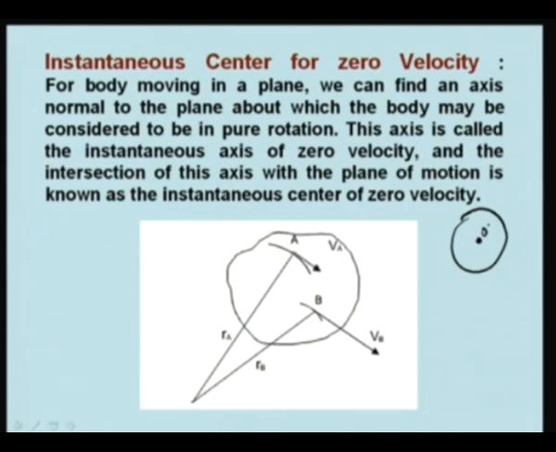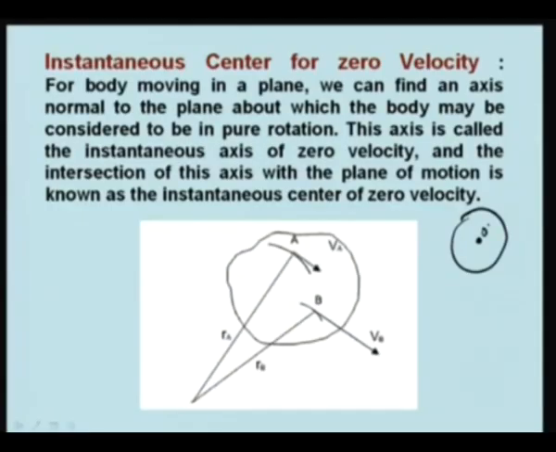In this case, the instantaneous center of rotation does not change with time. Now we will study the ways to find the instantaneous center of rotation. Finding the instantaneous center of rotation is of some practical importance.